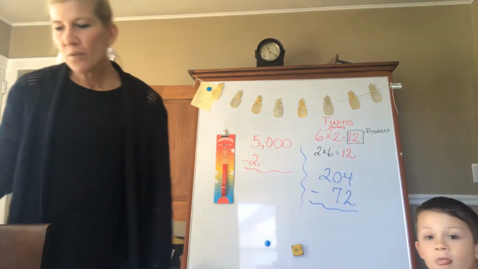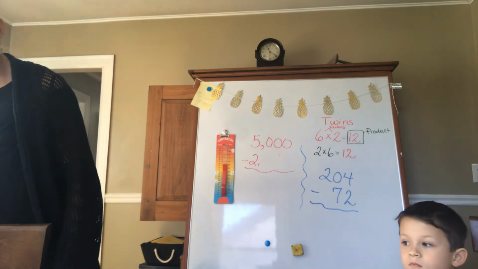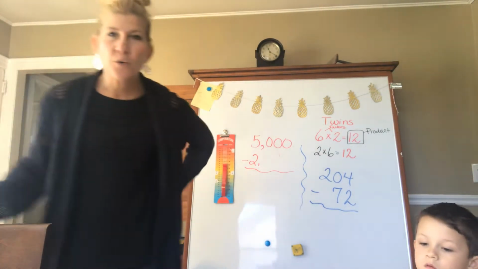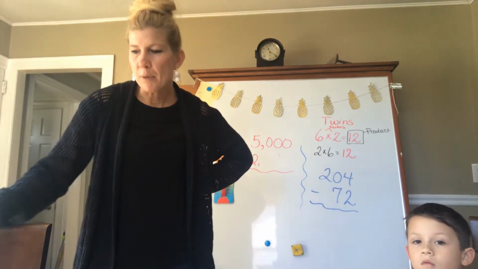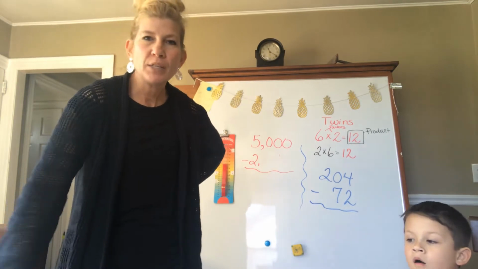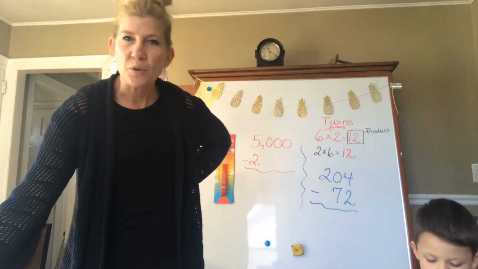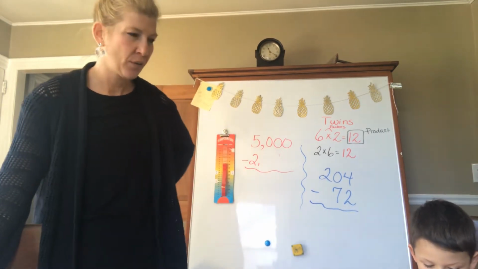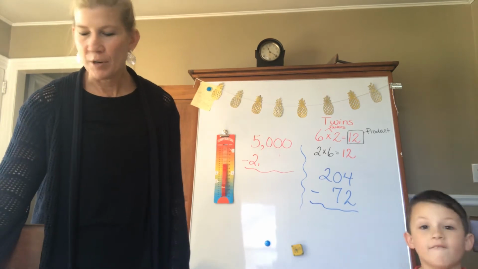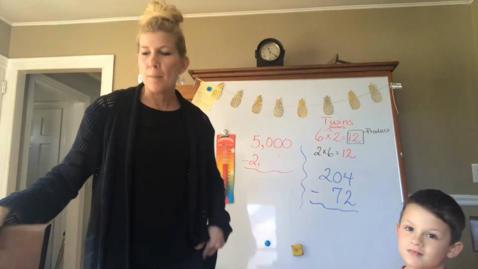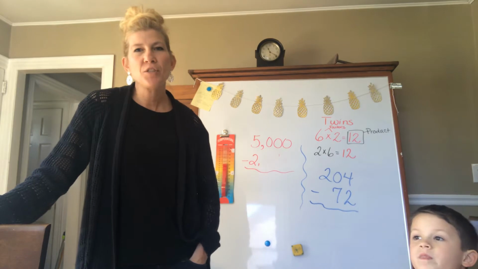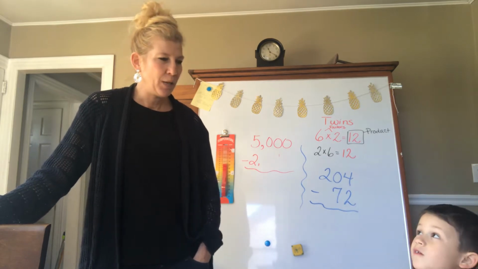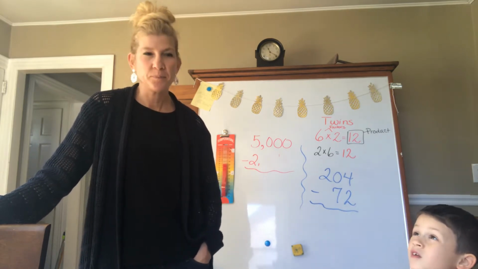All right, listen for this answer. I'm going to give you a combination, and you can tell me what the answer would be. 10 plus 2 plus 2 equals 14. Good job. 10 minus 2 plus 8 equals 16.